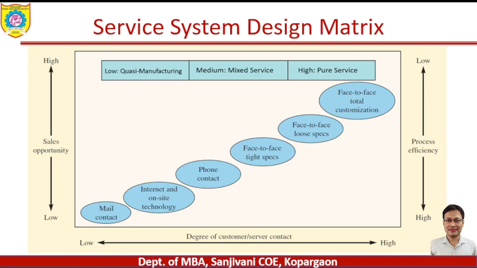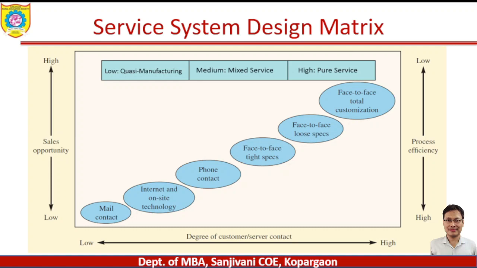Then we have internet and online technology, whereby there is a little more customer contact in terms of online interaction, social media interaction, and chats. So virtually, the service provider and the customer can meet on the internet. Then we have a little higher contact possible in phone contact, more personal contact.